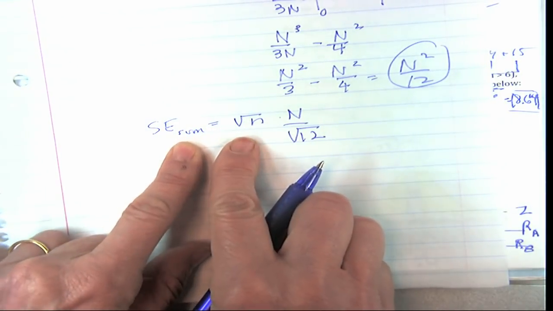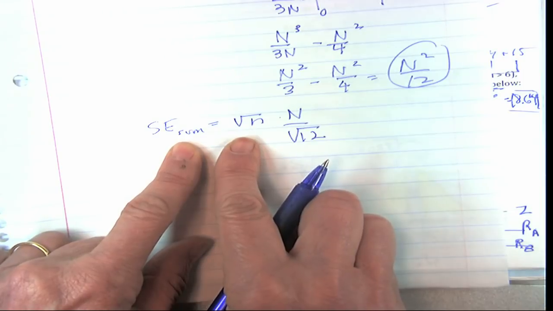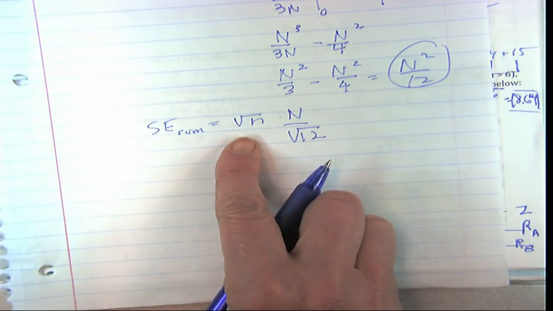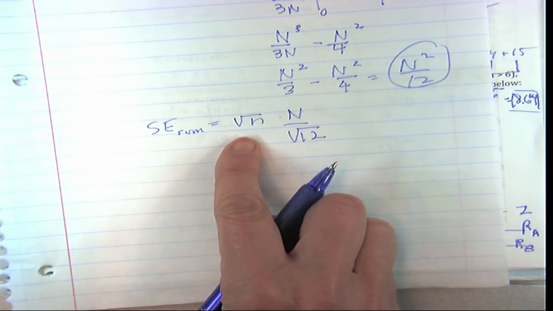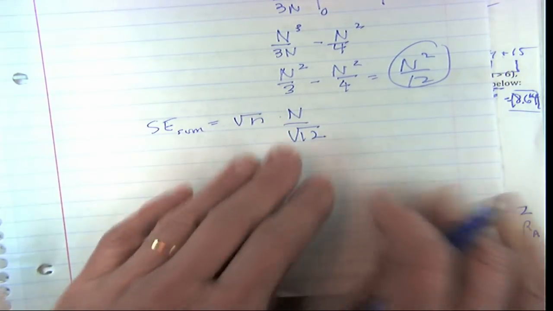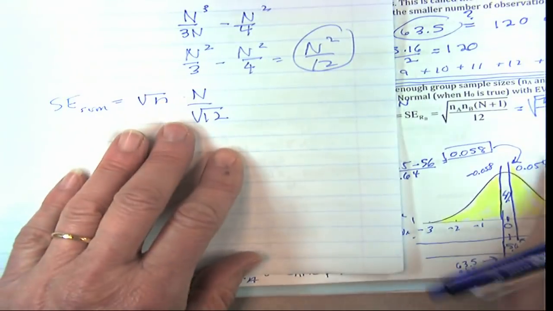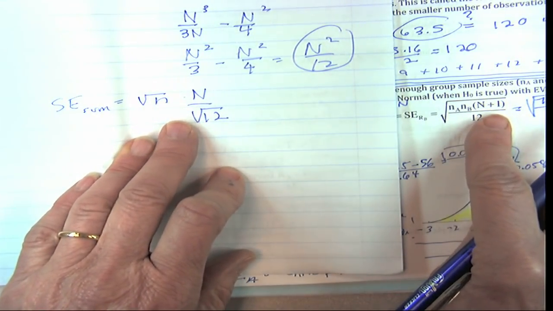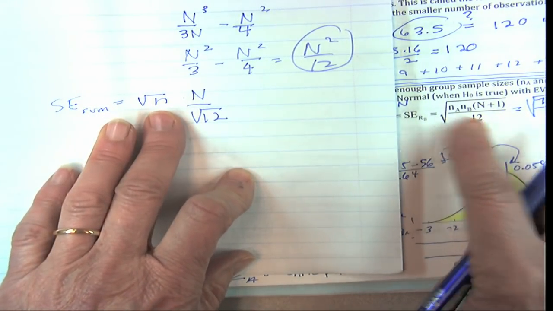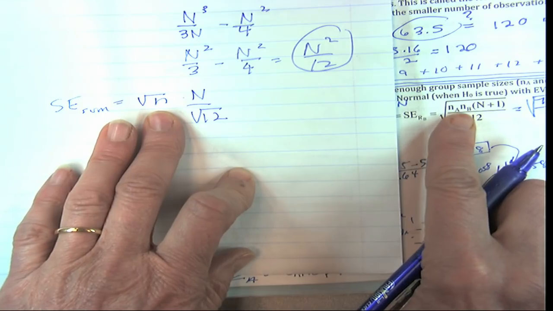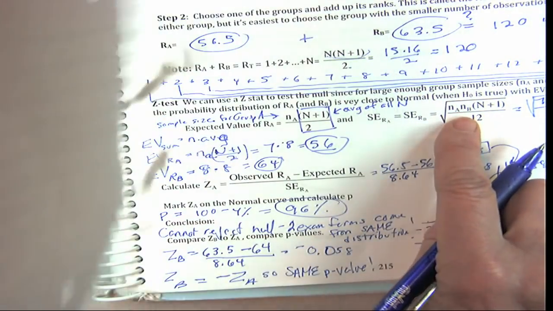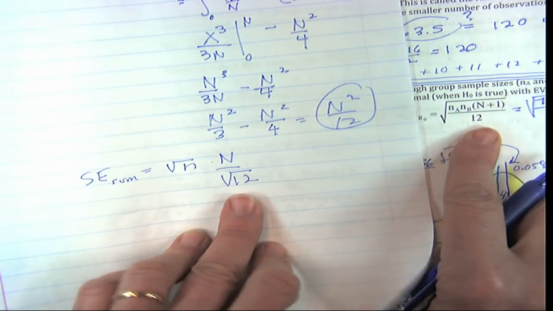This formula works with replacement, and we're doing without replacement, so this isn't exactly what you get. Well, the n plus 1 comes from the fact that we go from 1 to n, so that's explained. The 12's explained. But this here, it's a little more complicated to explain the exact formula, but there's where the 12 comes from.